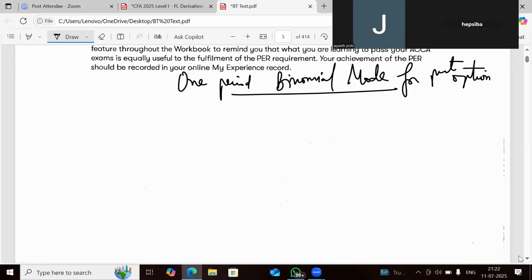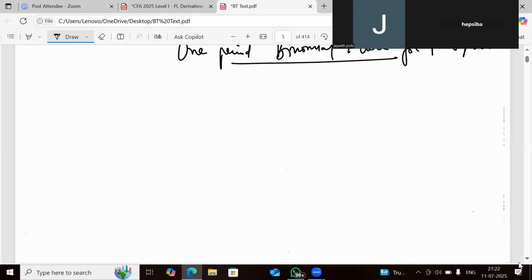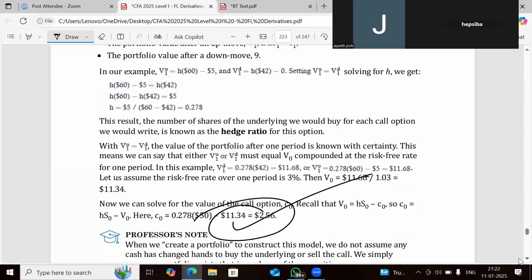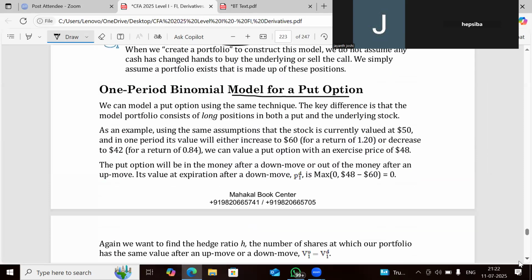Okay, so when we go for one period binomial model for put option, we will take the stock price as 50. We will take the strike price as how much they give here.